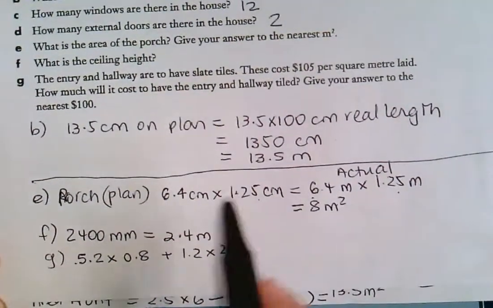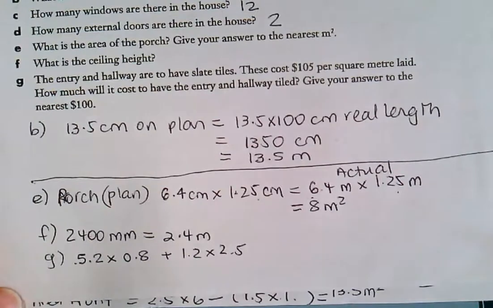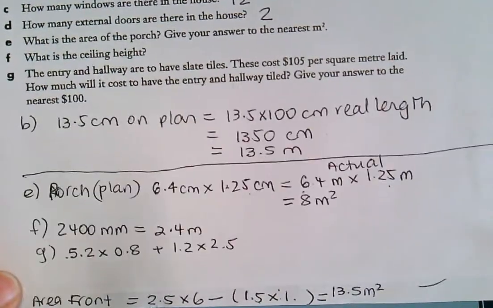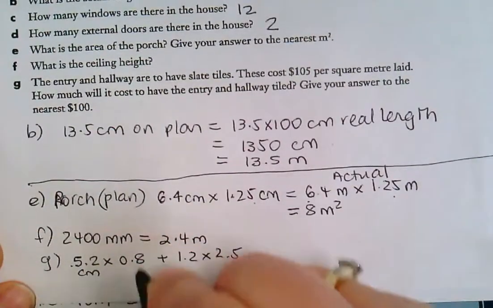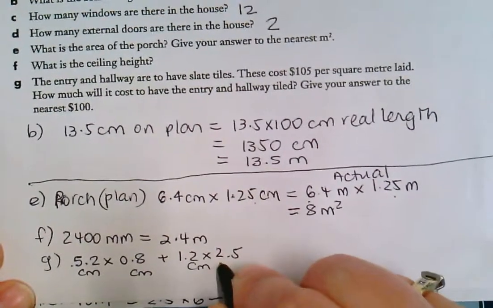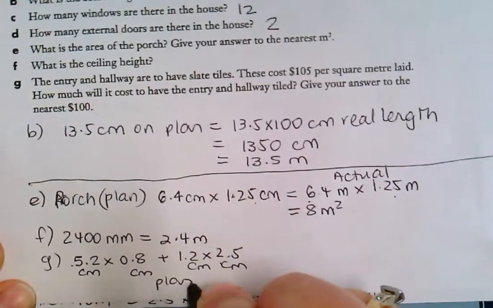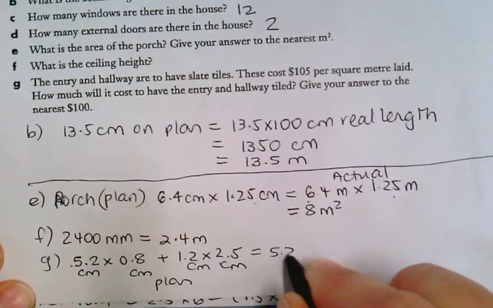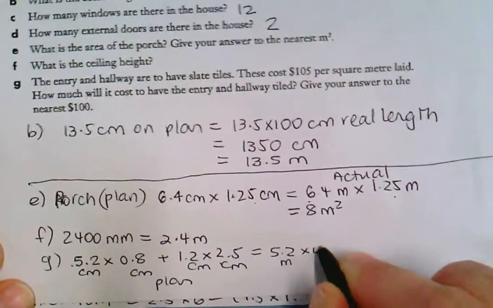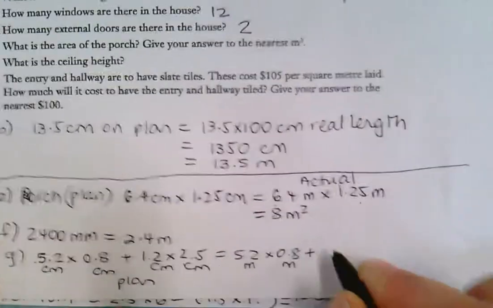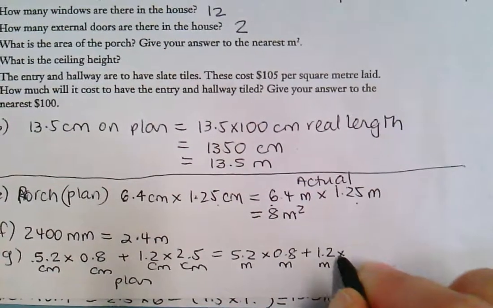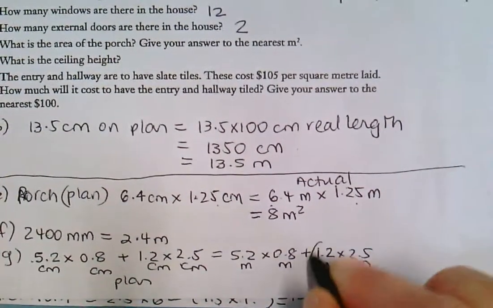But remember, our centimetres convert straight to metres because the real thing is 100 times bigger. So this is on the plan, but in real life, it's 5.2 metres times 0.8 metres plus 1.2 metres times 2.5 metres.